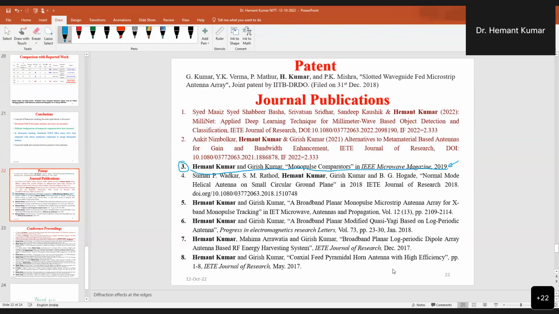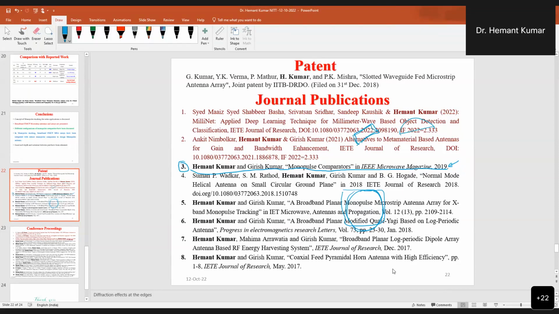And the answer to your question, why the geometry should be circular: actually, circular geometry is generally preferred compared to rectangular. Again, it depends on the platform where you are using it and the size constraint they have given, because they wanted to put it on an aircraft. Circular also has other advantages: compared to rectangular, it will give you less side lobe level, as I discussed for the tapered geometry and the uniform geometry.